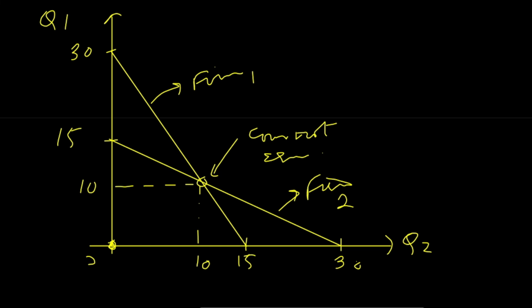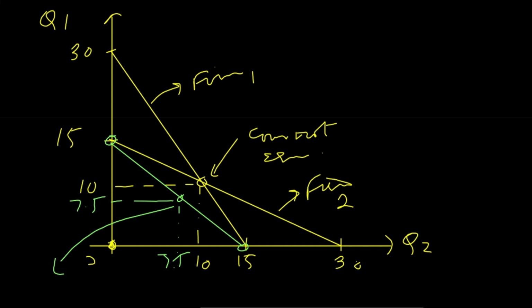Now if these two forms collude, then what will happen? For that we will get another reaction function, the combined reaction function. And if we find the value of equilibrium here, then this will be around 7.5 here, and if they collude, then the collusive equilibrium will take place here.